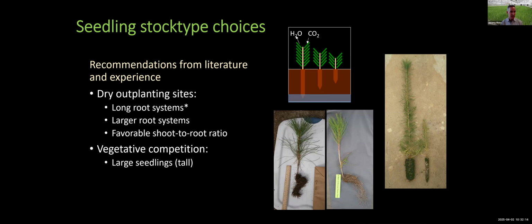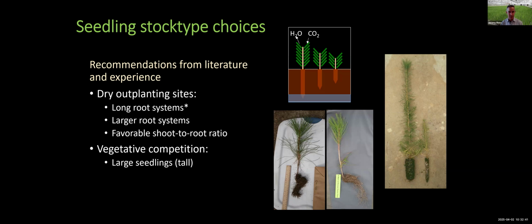And I put an asterisk next to this because it is logical and it does make sense, but also from a target plant concept approach, this isn't always the logical choice for your outplanting site. If you have an outplanting site that has maybe some dry conditions, you may also have shallow, short, rocky soils. And so it doesn't make sense to buy a seedling with a long root system if you can't get it in the ground.